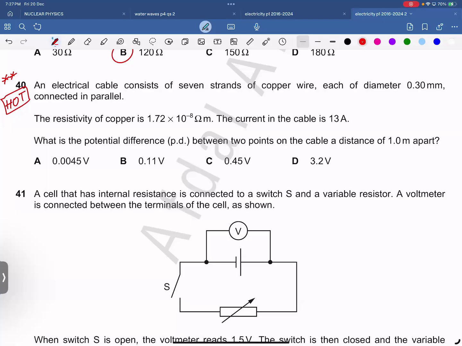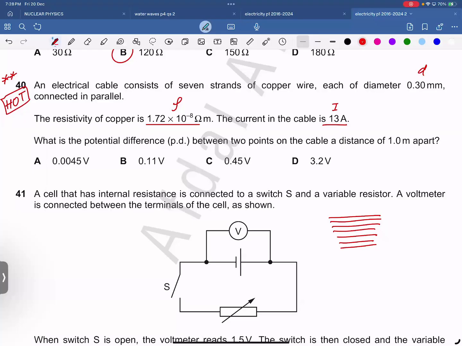You have a strand of 7 cables: 1, 2, 3, 4, 5, 6, 7. Each cable has this diameter. They are in parallel. The resistivity is this. Current in the cable is 30. Potential difference between the 2 points on the cable, which are this apart.